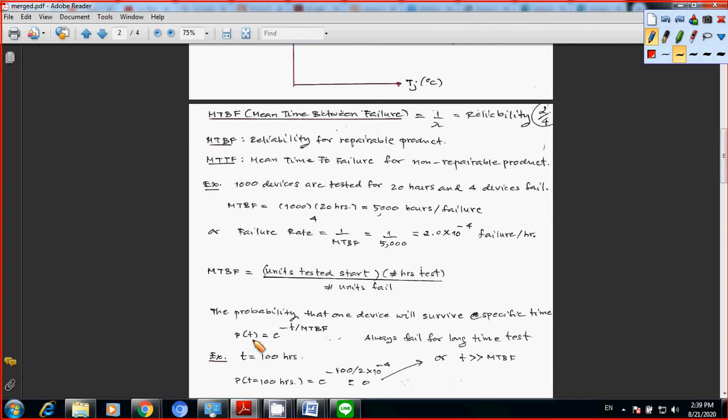Okay, let's analyze the equation again. If your t is very large, that means you are still running your system or your device, whatever. So your probability is going to be close to 0, right? Because you have the power of a negative number, so it becomes 1 over the exponential of a positive number.